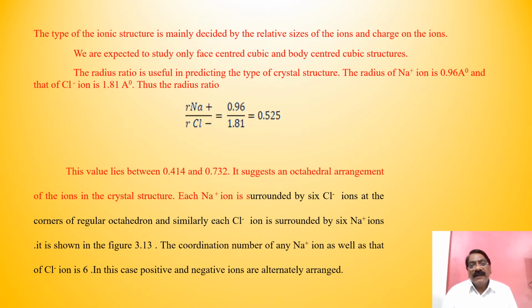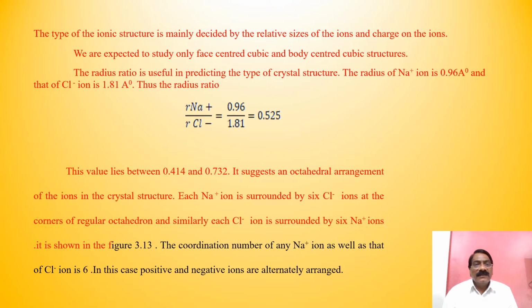Each Na+ ion is surrounded by 6 Cl- ions at the corners of a regular octahedron, and similarly each Cl- ion is surrounded by 6 Na+ ions.